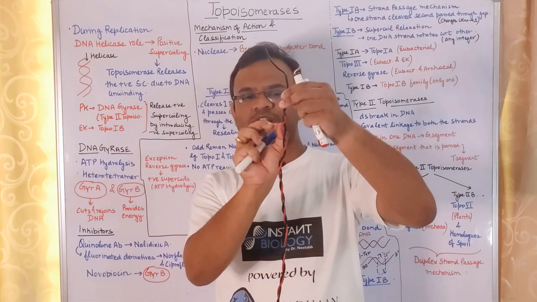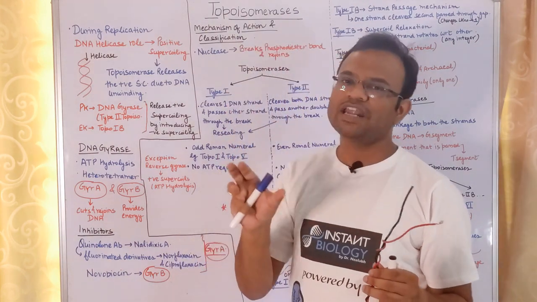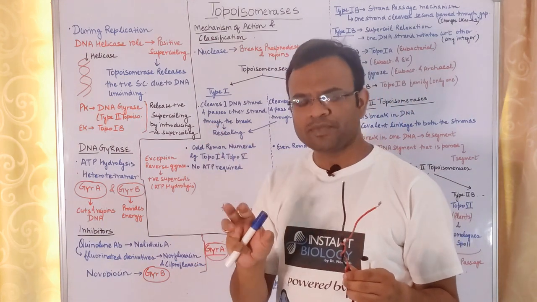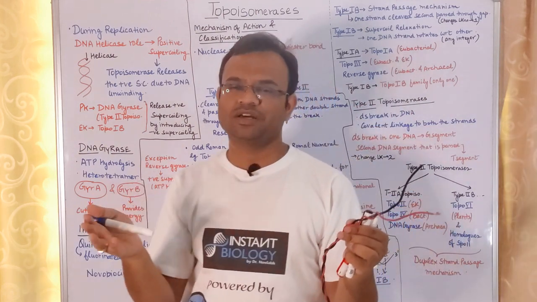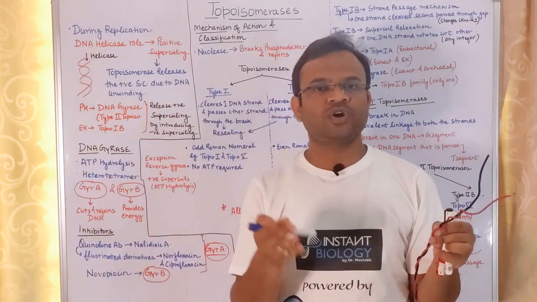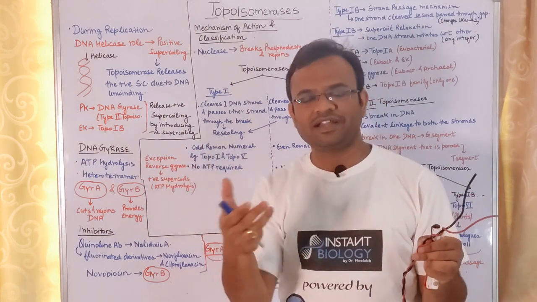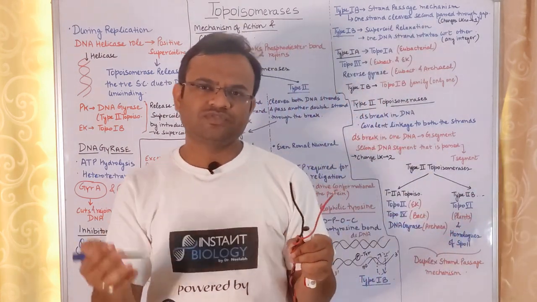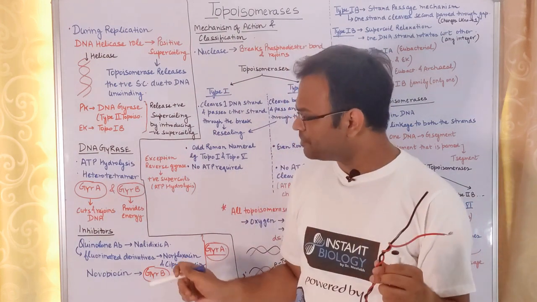So the black one will be passed over the red one so that the strain can be removed. When the other strand passes over the cut strand, the strain is removed, and in this way you are providing the negative supercoiling, and because of this you are relieving the positive supercoiling. So this is being done.